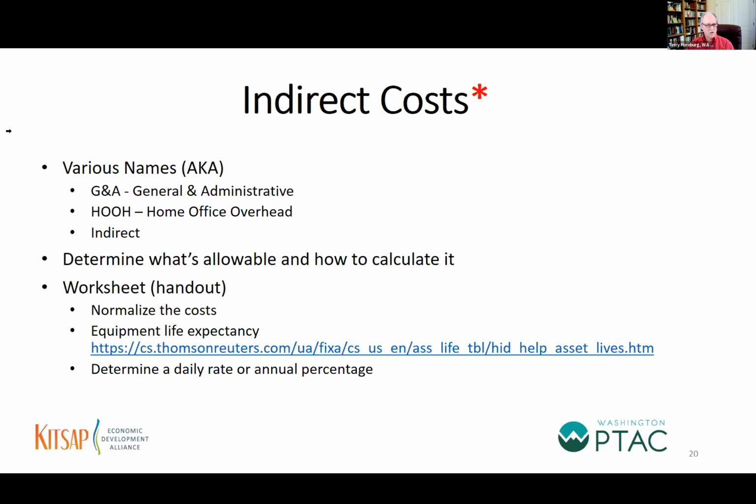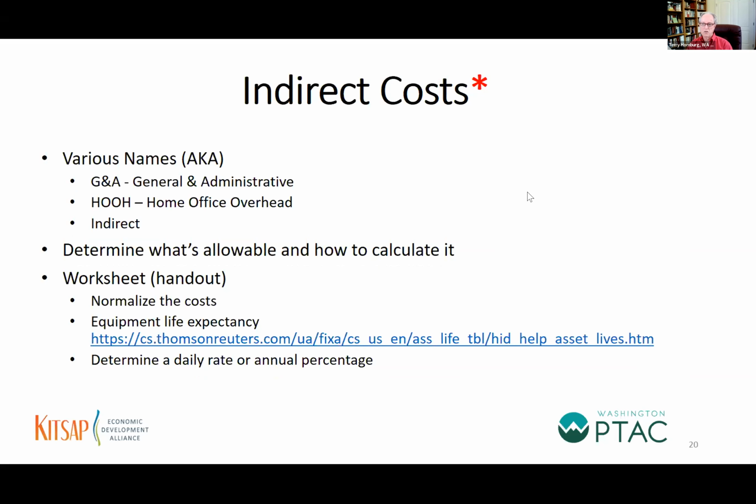So the other thing that I mentioned on the PowerPoint there under the worksheet is the first bullet is normalizing. You may recall in a high school math class, the terminology normalizing. So not all these costs are incurred at the same rate, like weekly, monthly, quarterly, semi-annually, or annually.